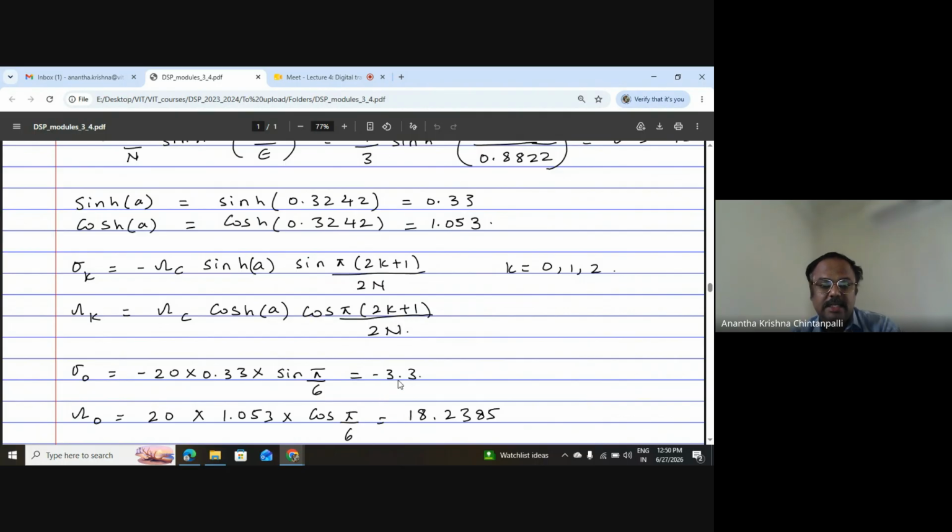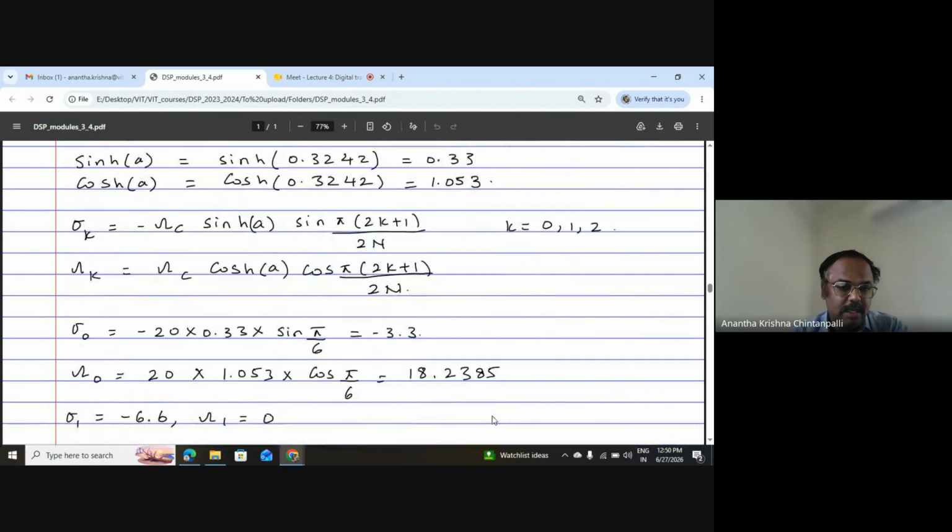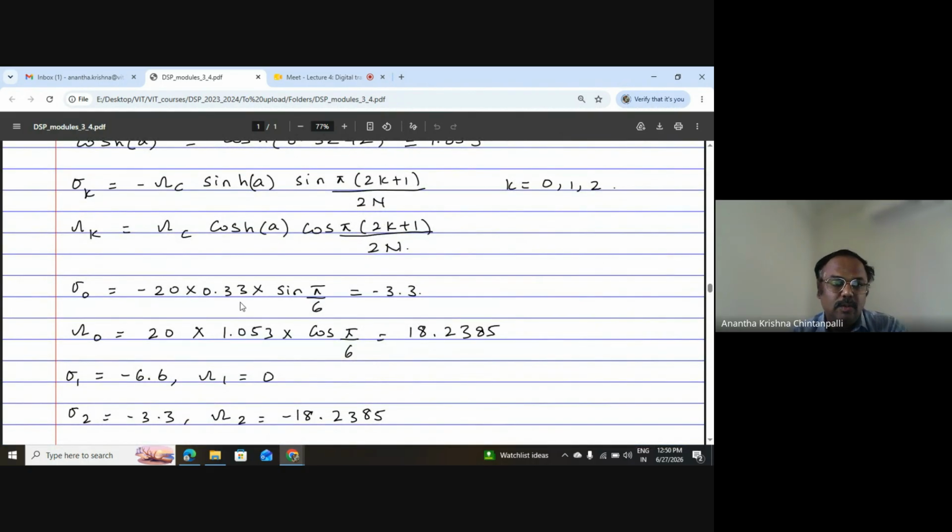So this is minus 3.3 and 18.2385. Similarly, for k equal to 1, omega is going to be 0 because it's on the real axis. So sigma 1 is minus 6.6, sigma 2 will be minus 3.3, and omega 2 here would be negative because it's a complex conjugate pair.